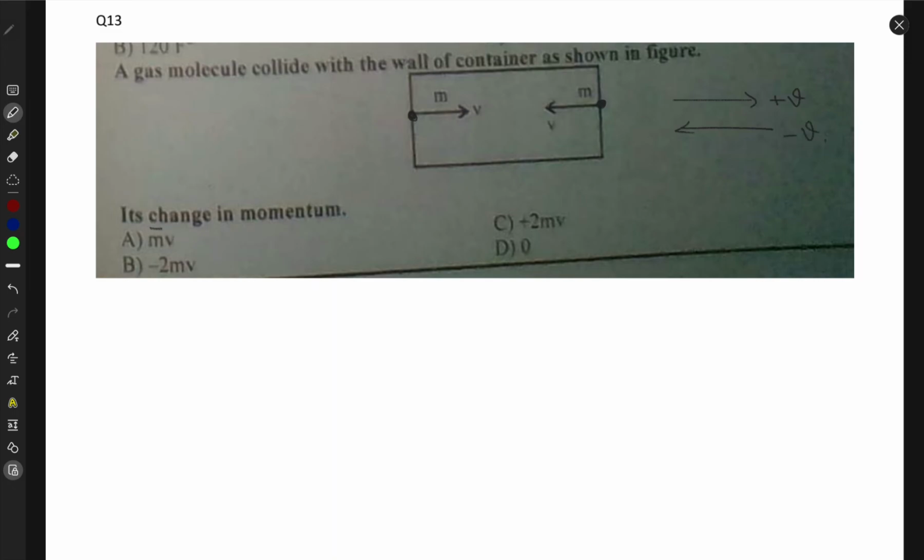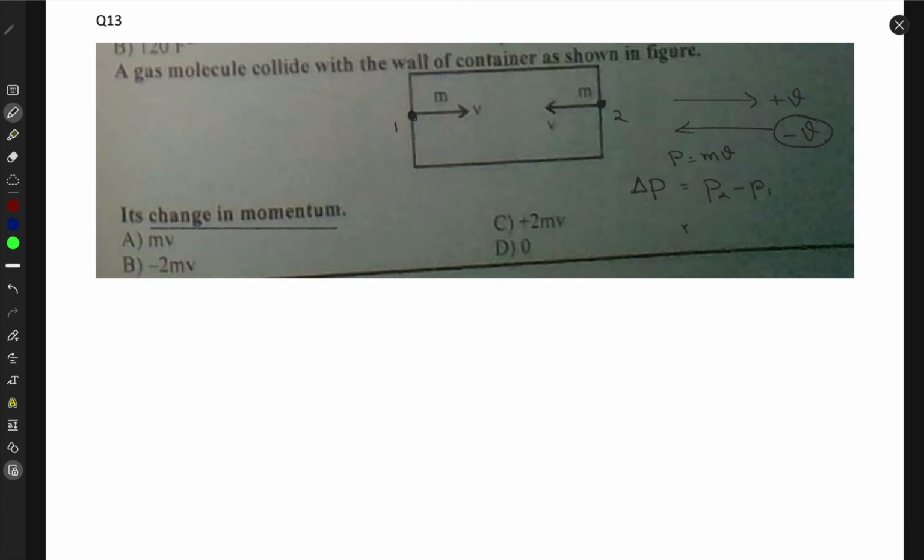They're asking you the change in momentum. That means change in P. Now we know momentum P is defined as mass times velocity. Change in momentum is P2 minus P1. P2 is when they collide, you can see that P2 is V in this direction, right? So if this is 2, this is 1, this is V in this direction, which we said is a negative thing.